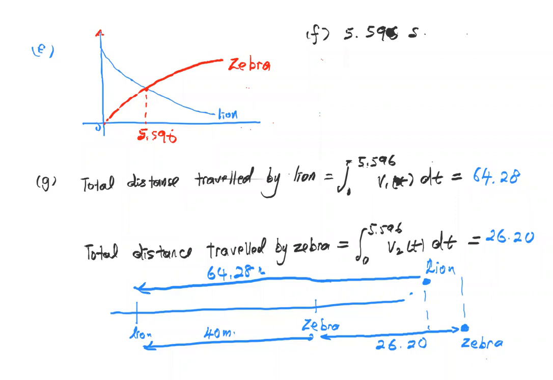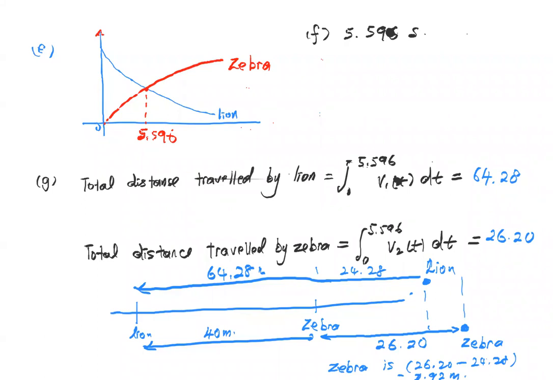No. So how far away? From here to here is 24.28. So the difference is 26.20 take away 24.28, which is 1.92 meters ahead of the lion, correct? So does the lion catch up with the zebra? The answer is no. That's it.